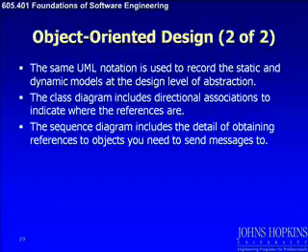The sequence diagram includes detail of the sequence of the operations. You can add the detail of the signatures of the parameters being passed. You can also indicate if I need to send a message from object A to object B, but in my class diagram, A does not contain a reference to B. It's not a static relationship.